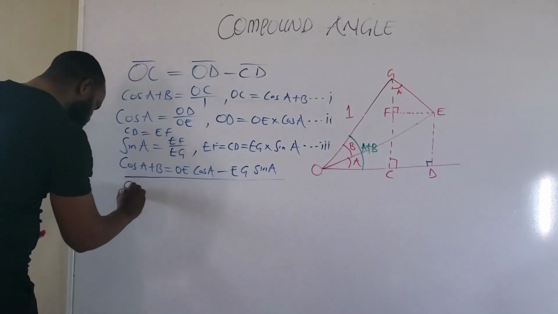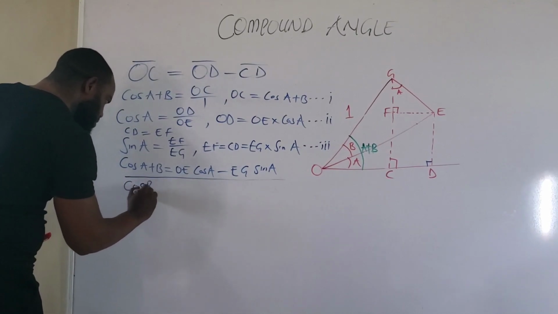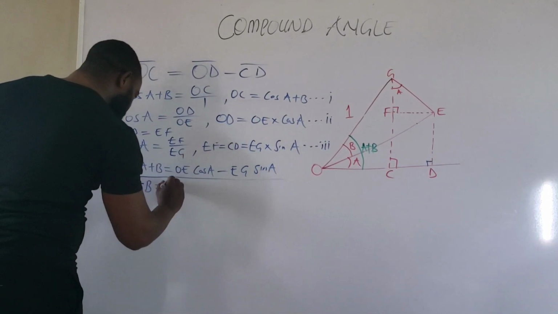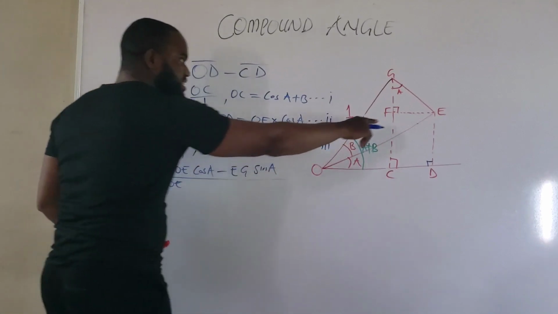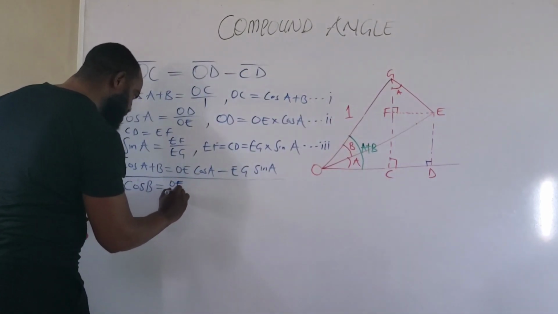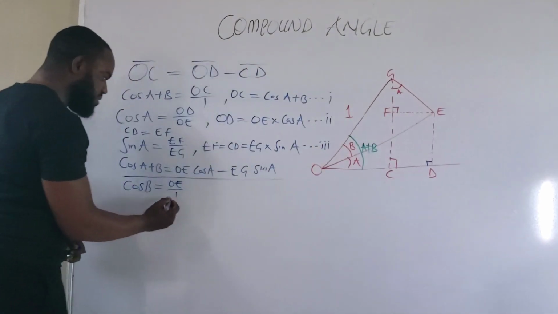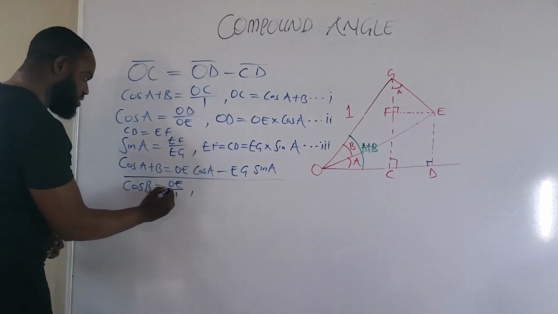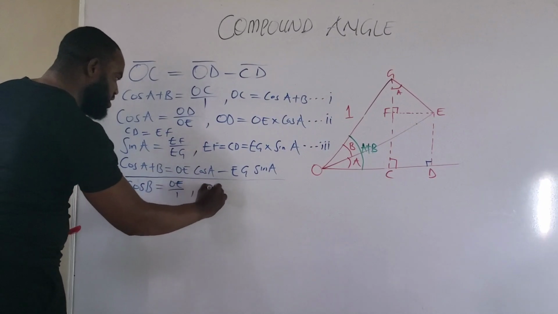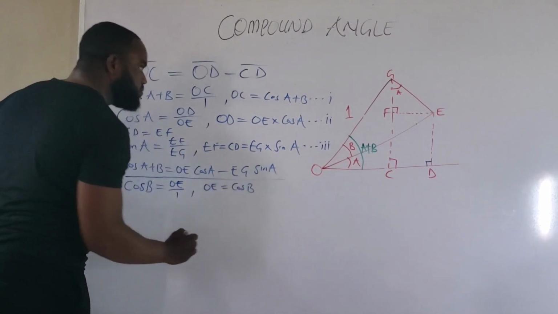So let us see what is cos B. Cos B is OE, the adjacent, divided by the hypotenuse, which is 1 unit, for the triangle OGE. Such that OE simply is equal to cos B.